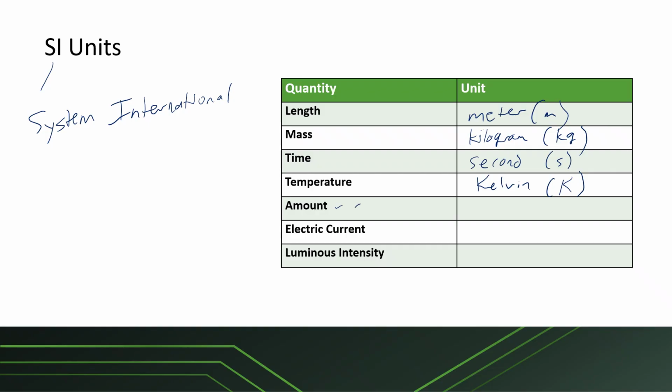Amount, this would be a count. When we count things, we use the mole, and it's abbreviated mol, which I know isn't much of an abbreviation, but we can't use m because that's for meters.